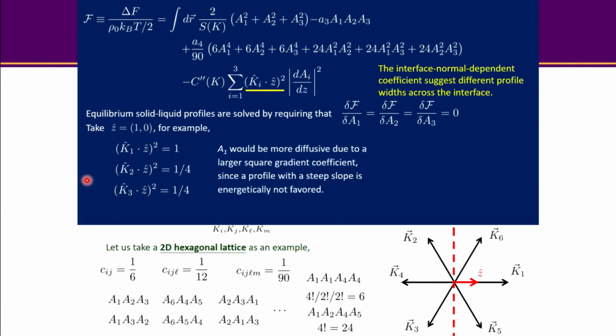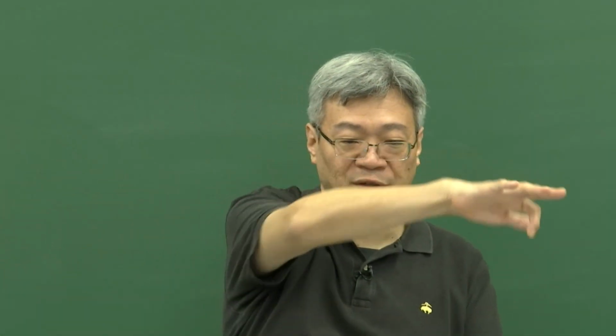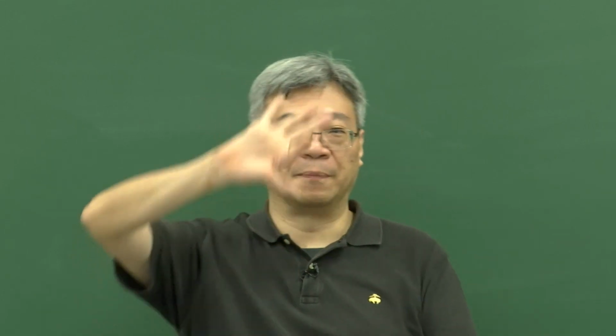But quickly you will see, if I just change the interface normal to this direction, okay, so here I should have a hexagonal lattice. Before, I was cutting the lattice plane, asking what's the solid-liquid interfacial energy. It's the same hexagonal plane, but now I'm cutting horizontally. So I have a solid below and liquid above.